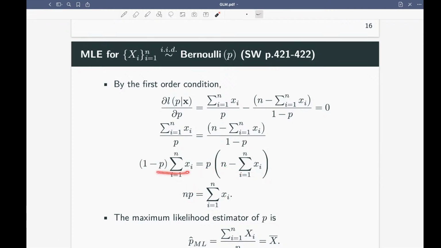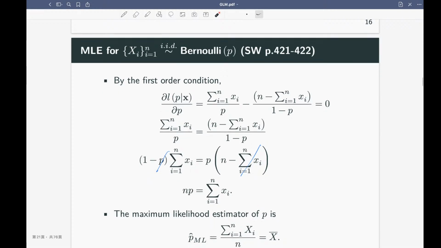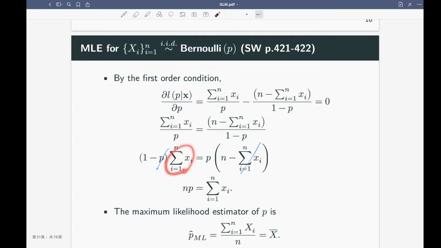We can divide and clean out. So on the right hand side we can have p times the summation of the xi, and on the left hand side we can have this same term, p times the summation of the xi. So we can have this term.